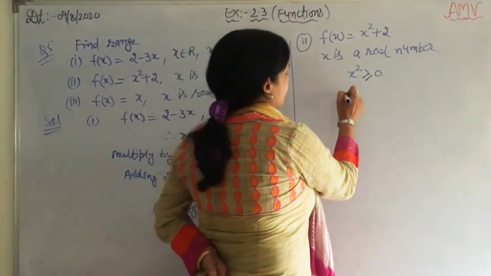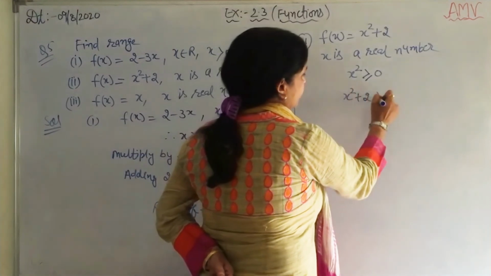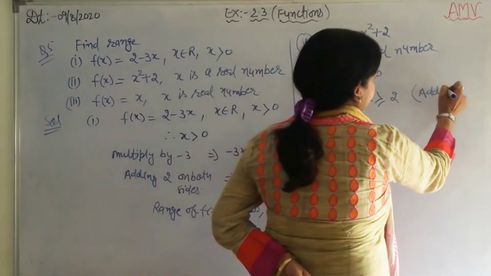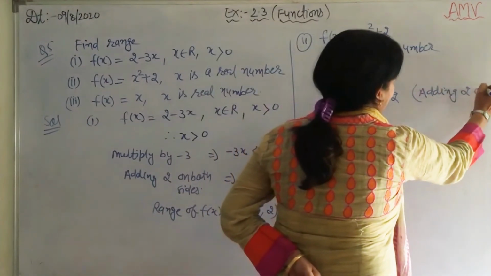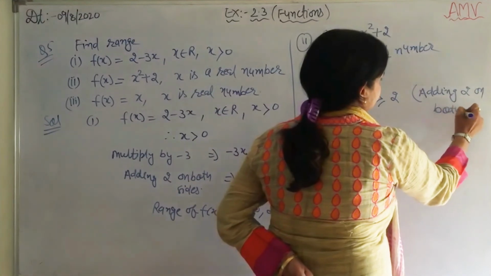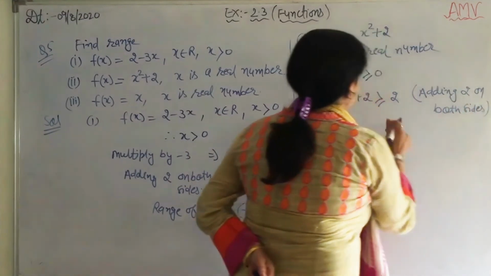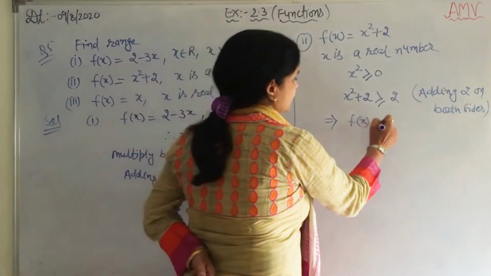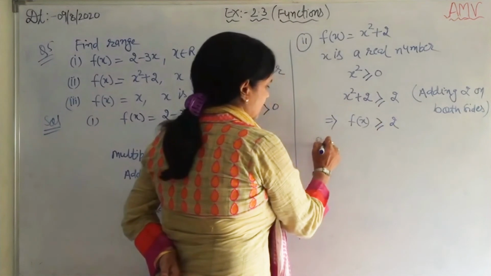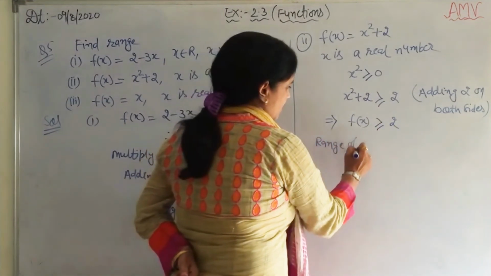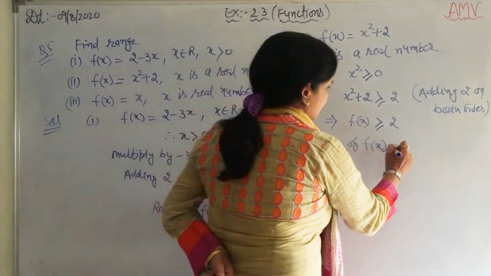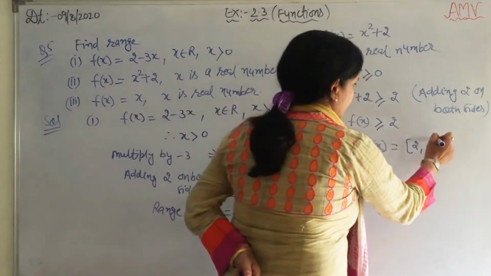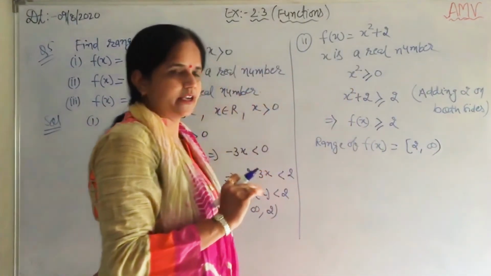And x square plus 2 greater than or equal to 2, adding 2 on both sides. It is the f(x). So here f(x) greater than or equal to 2. Therefore, range of f(x) is equal to [2, infinity), open interval at infinity.